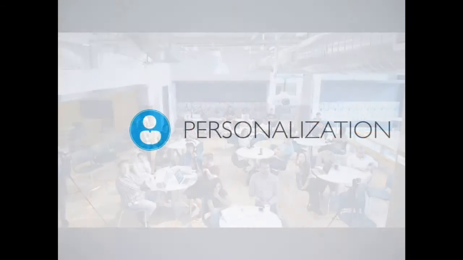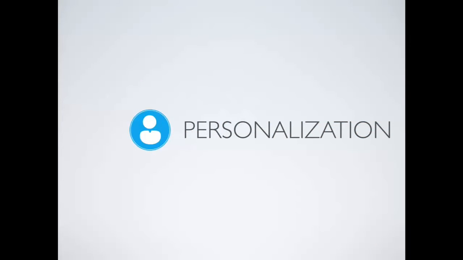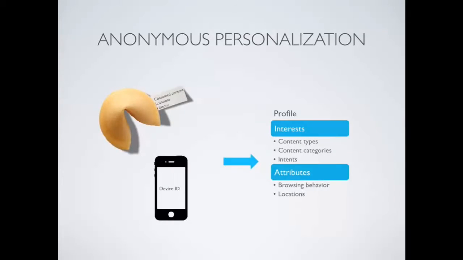As I said, when it becomes one-to-one, it's no longer a recommendation, it becomes a personalization. There are different types of personalization that I will be explaining here. The first one is anonymous personalization.